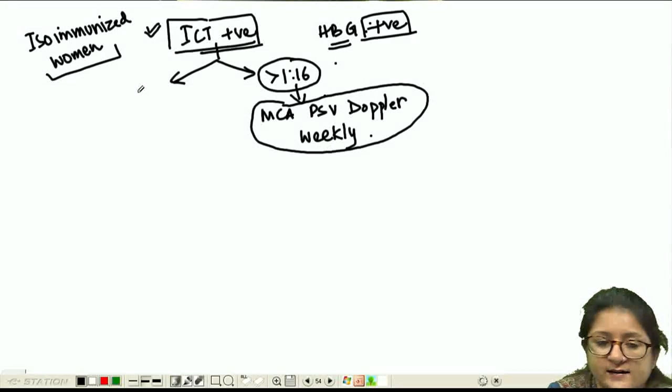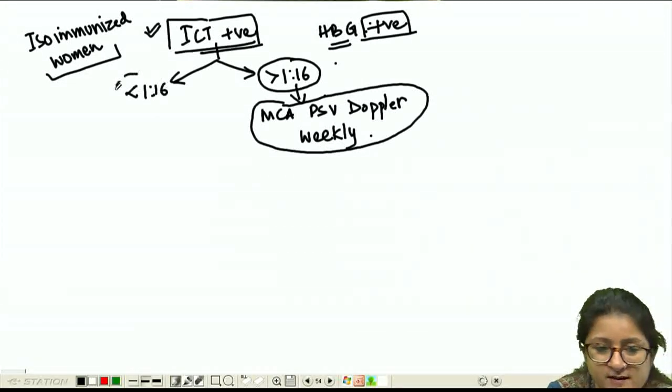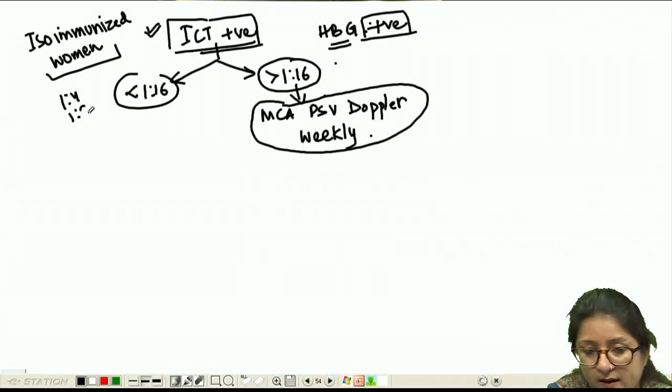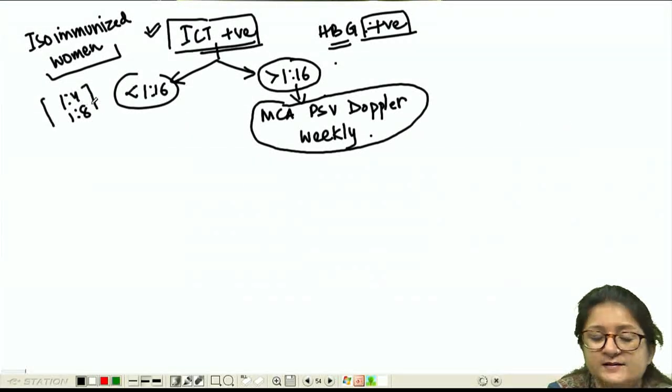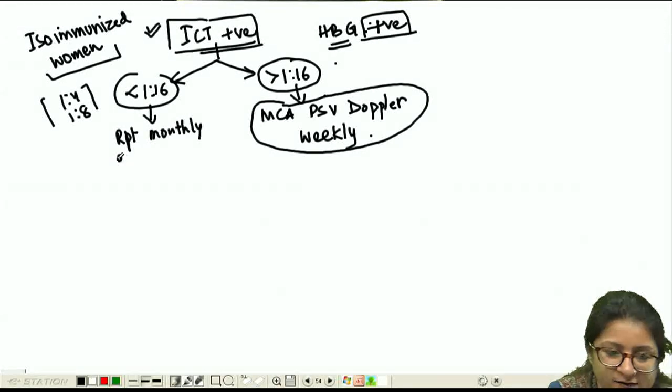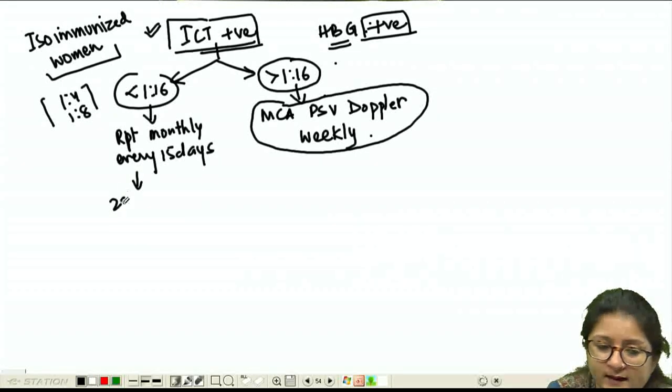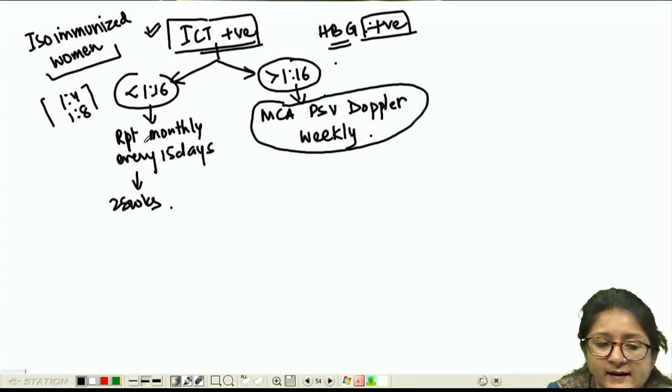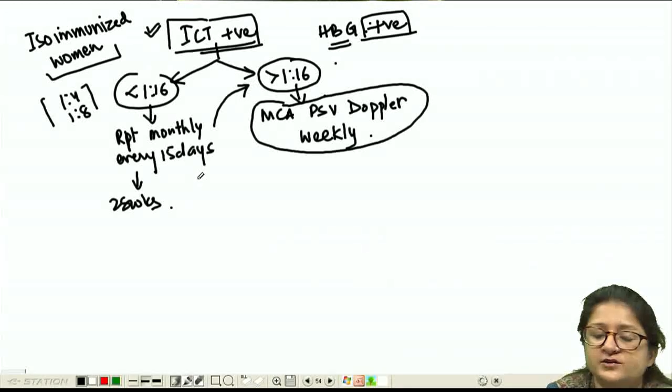All right, if this titer is less than 1:16, for example it is 1:4, 1:8, what we do is repeat it monthly or every 15 days depending upon the baseline, and then we reach 28 weeks. If at any time they are more than 1:16, the management will change.